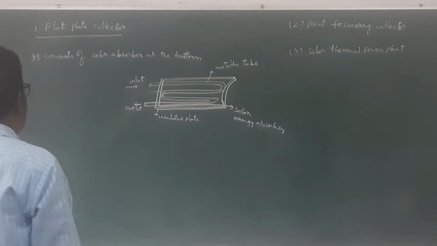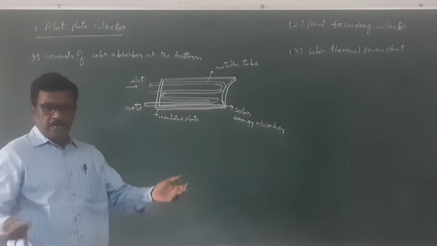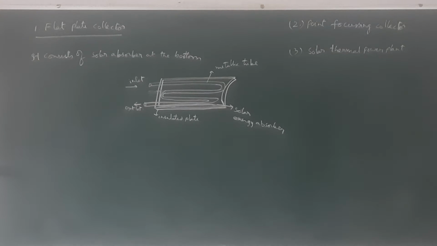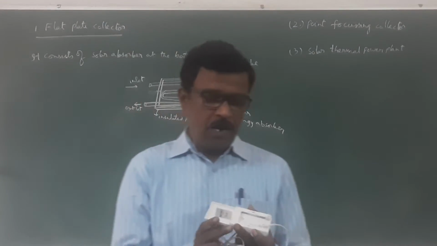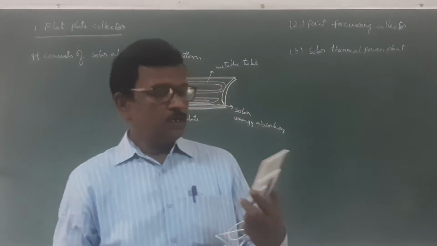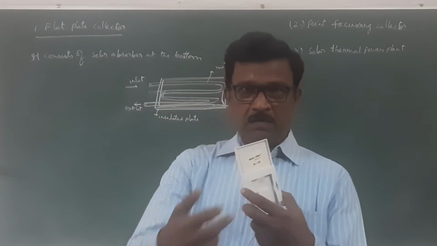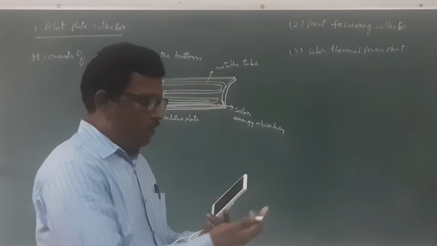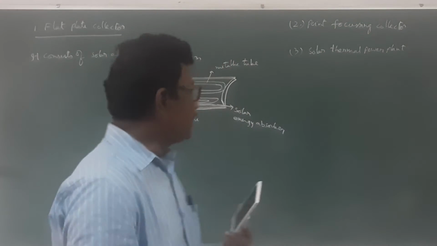So over the solar absorber, there will be an insulated plate like this. Just for the sake of a model I have brought this one. This is the insulated plate made of plastic or fiber. Over that insulated plate there will be the solar energy absorber.